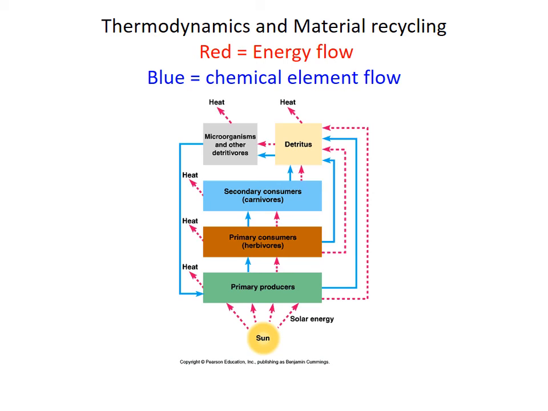But I do want you to notice the blue arrows, and that is the matter of a system. Those are the protons and the neutrons and the electrons. And I do want you to notice that the matter is recycled. Okay, the amount of matter is constant in the universe. It gets transformed into other things.